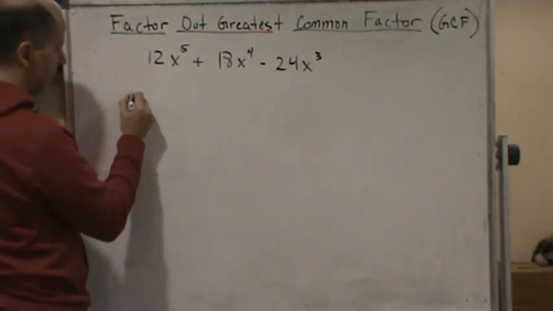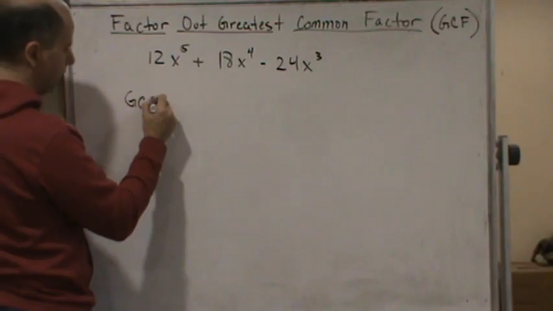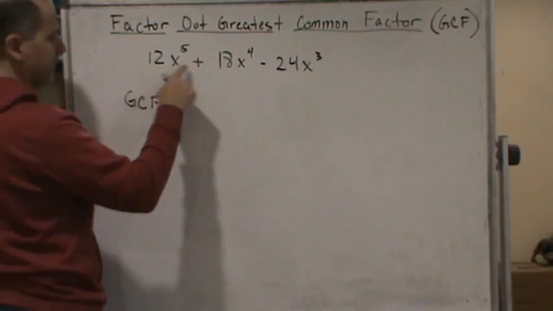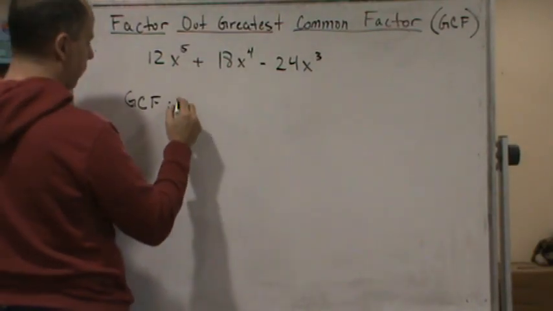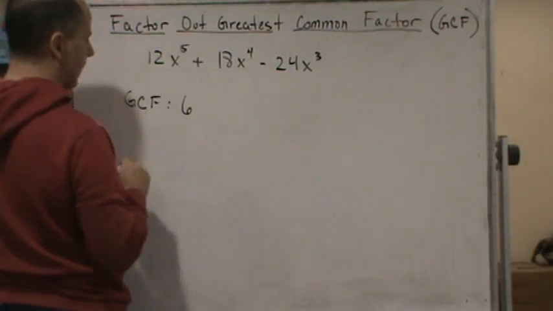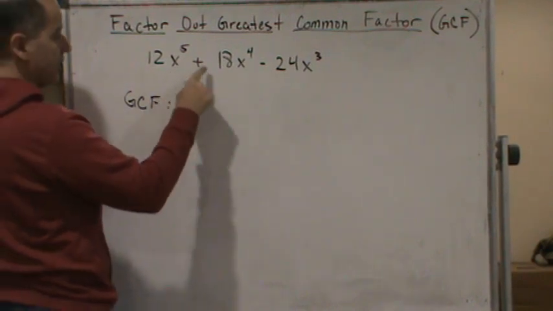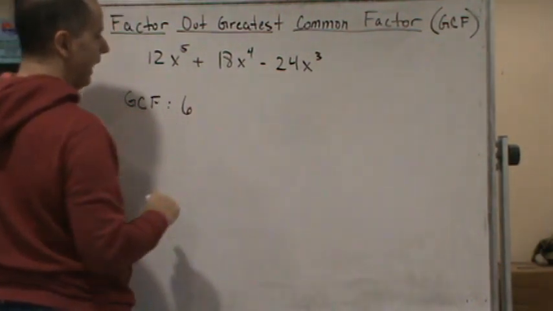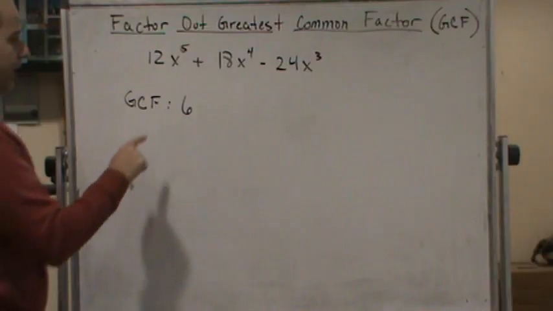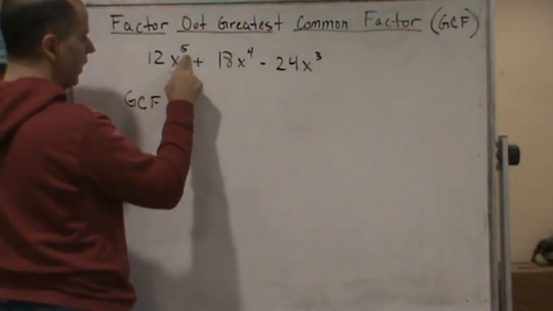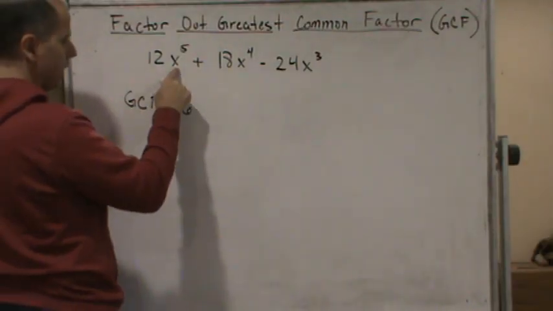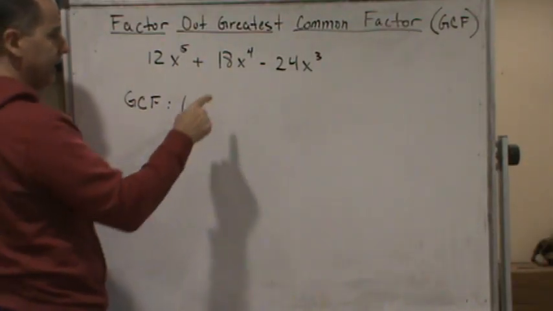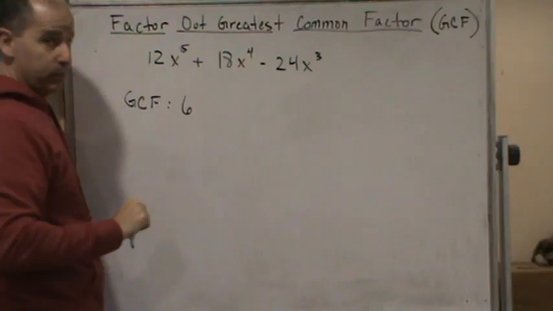So when we're looking at the greatest common factor, we're looking at the largest number that will divide all of the coefficients. That's going to be 6 in this case. And then we want the largest exponent of x that will divide x. So here, this is x to the 5th, but this means that there's 5 x's multiplied together: x times x times x, 5 times. Here we've got 4 x's multiplied together.